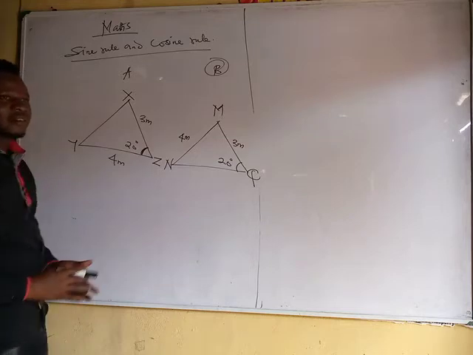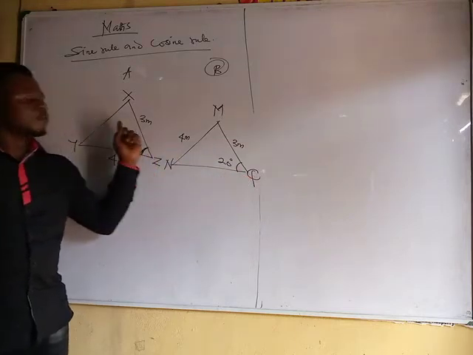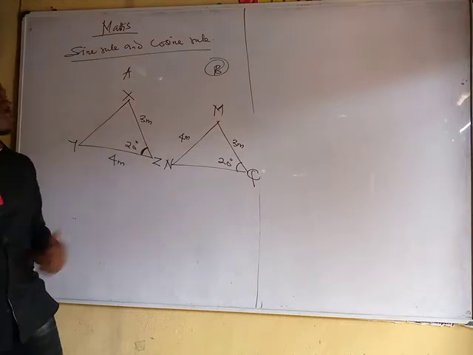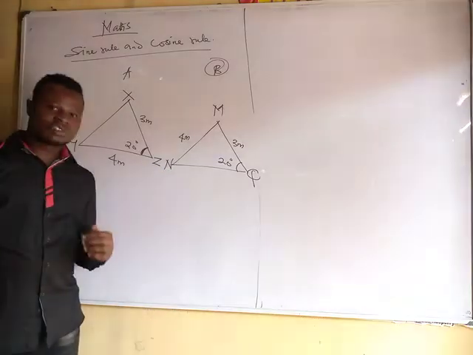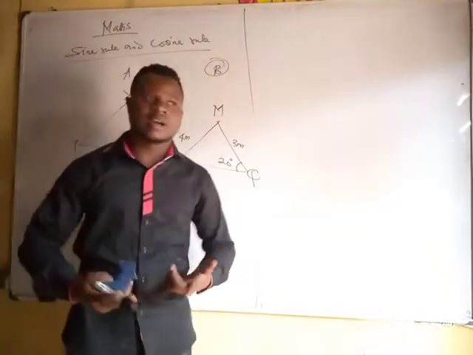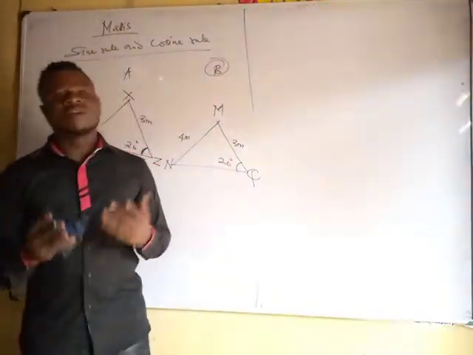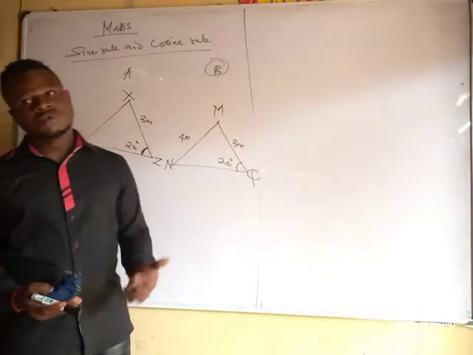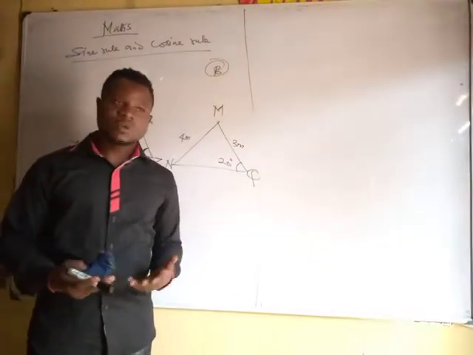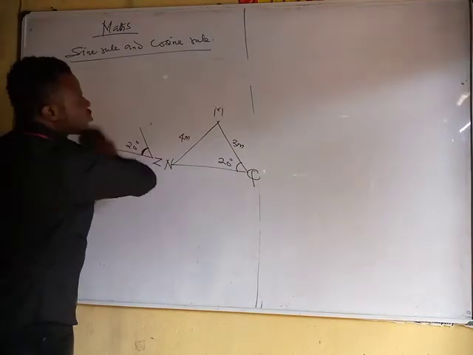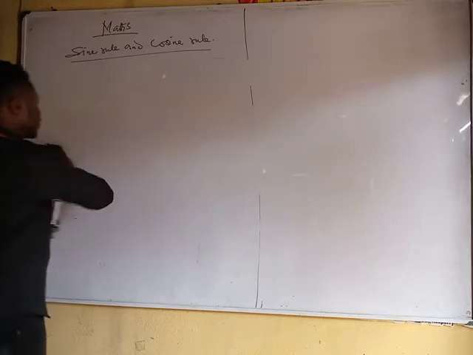You can see that the dimension of Q is complete. So I guess what we are going to apply here is the sine rule formula. So the difference between the sine rule formula and the cosine rule formula is that when you are given a triangle, you observe the triangle very well to know when to apply the sine rule and when to apply the cosine rule formula.